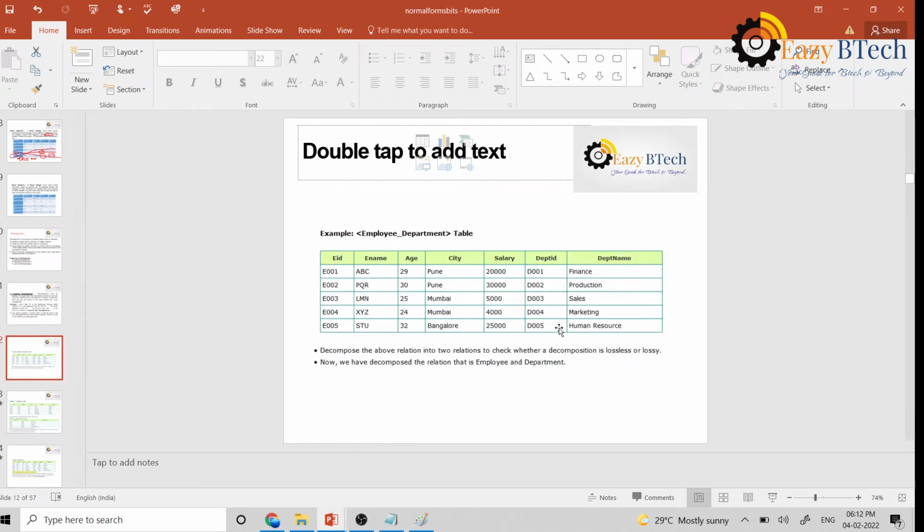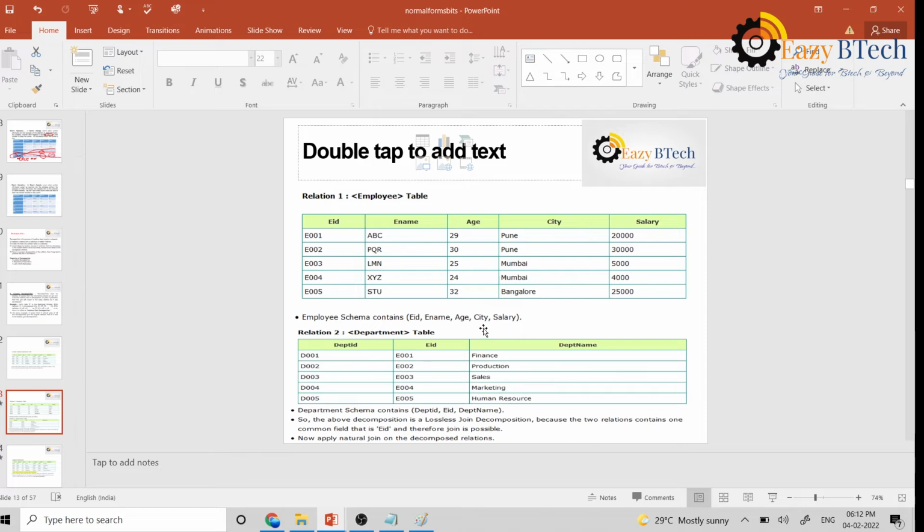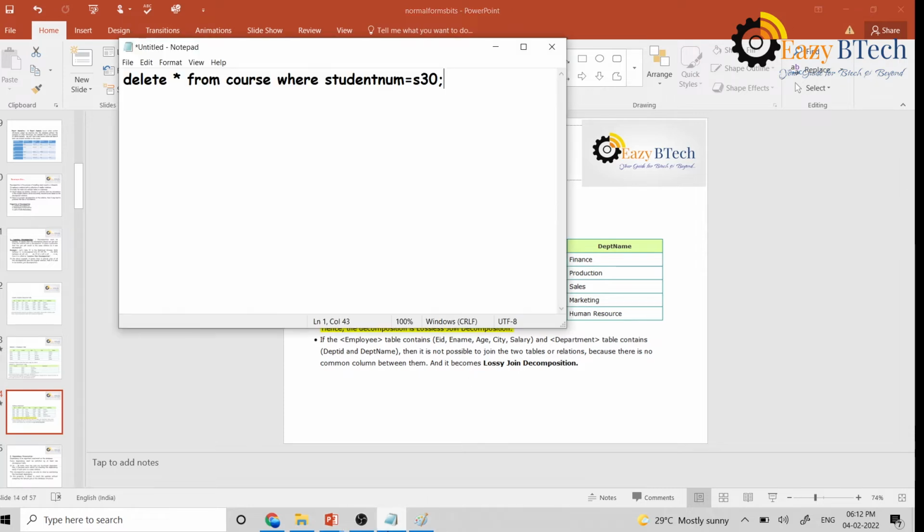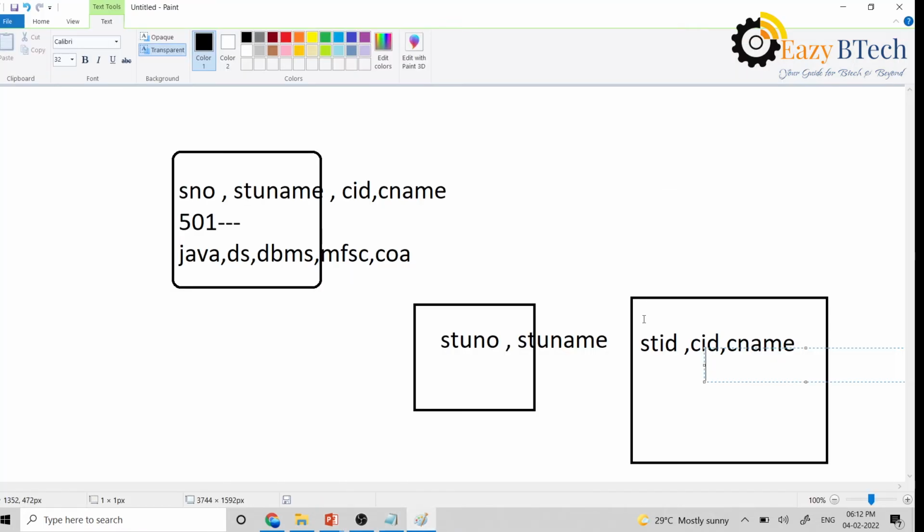Suppose here we have no redundancy. Suppose I want to add one more record, some xyz, who also belongs to department 1. To overcome this problem we divide. Once we divide, if we merge this data again and get the same data, that is called a lossless decomposition. In this example we are dividing into two tables.